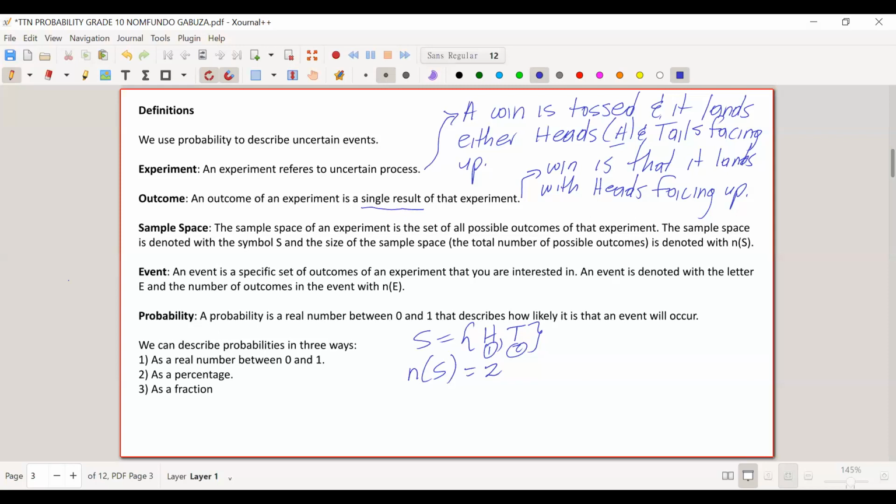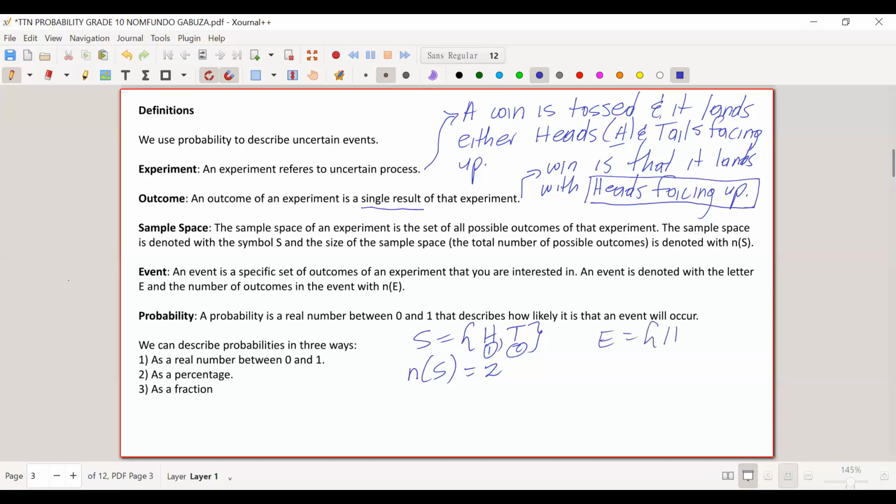So an event, what do we mean by an event? An event is a specific set of outcomes of an experiment that you are interested in. Let's say we are interested in heads facing up, which means our event is going to be heads.